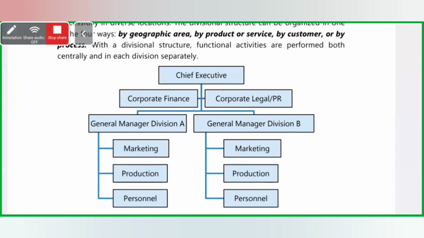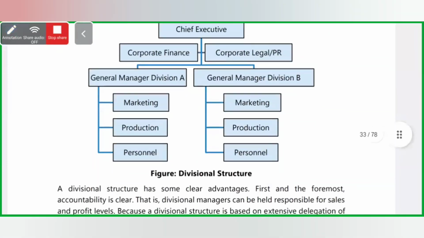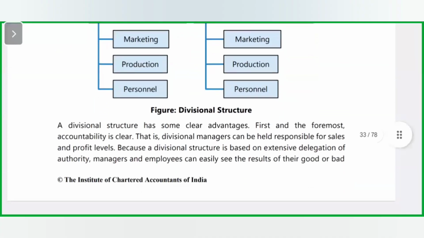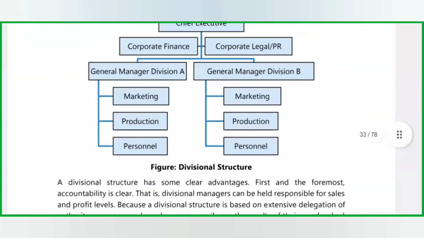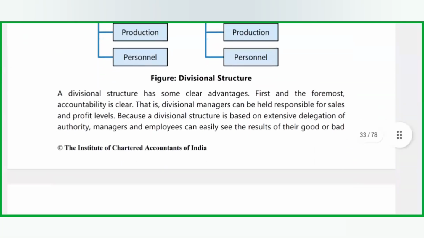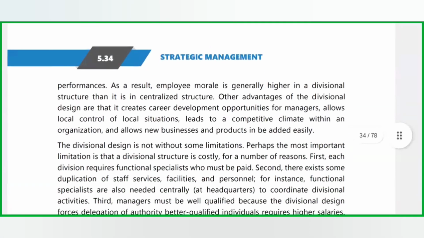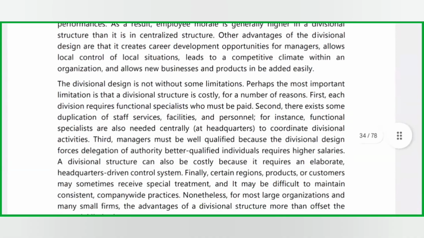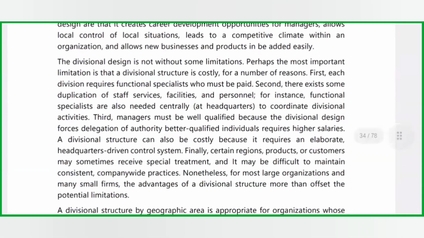In our example, since we have division A and B, the divisional structure has some clear advantages. Here division managers are held responsible for their entire division, for sales and profit, with extensive delegation of authority to managers and employees. Divisional structure can be costly because it elaborates a headquarter-driven control system.